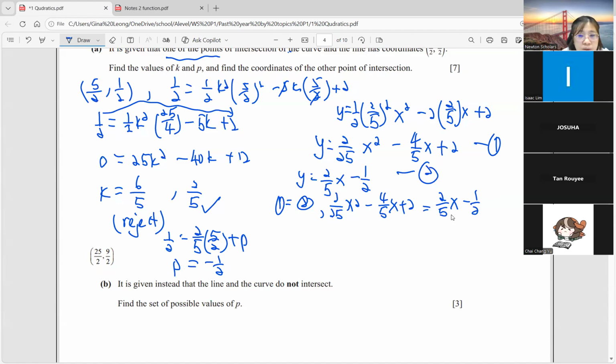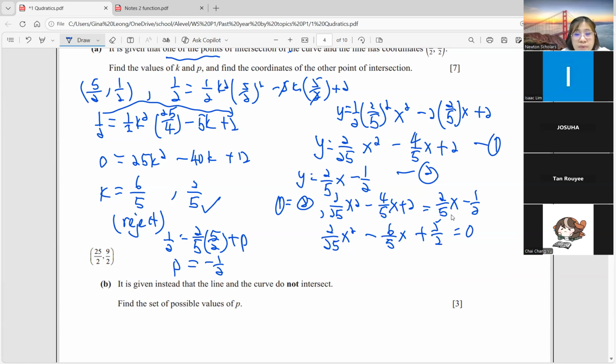I will get 2 over 25x squared minus 6 over 5x plus 5 over 2 equal to 0.